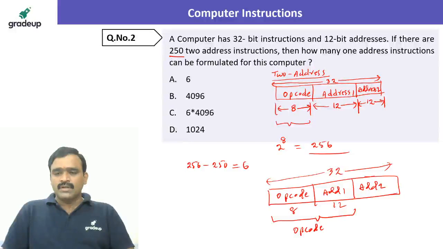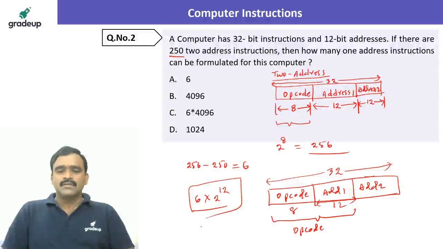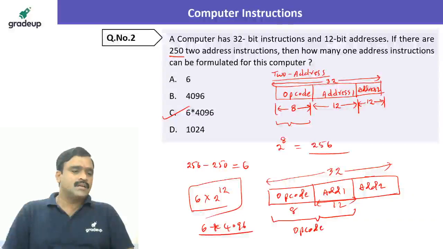But out of this, whatever combinations are used for the two-address instruction cannot be used. Only 6 combinations are left over. For those combinations, these 12 bits can be arranged in 2 power 12 ways. So 6 into 2 power 12 combinations of opcodes we can further provide for the one-address. So 2 power 12 is nothing but 4096. So it is 6 into 4096. Option C is the right option.